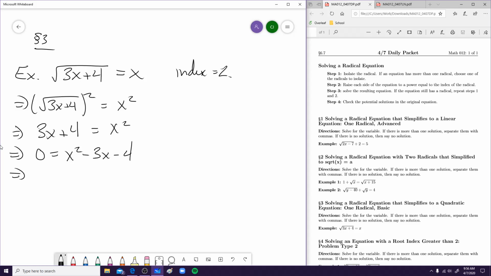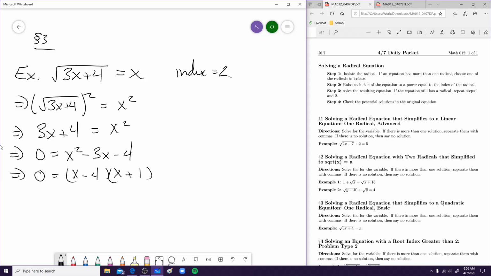Right? So now that this is set to 0, we can factor this, so we can then use the zero product property. So for x squared minus 3x minus 4, what are two numbers that multiply to be -4 and add to be -3? That would be x minus 4, x plus 1.